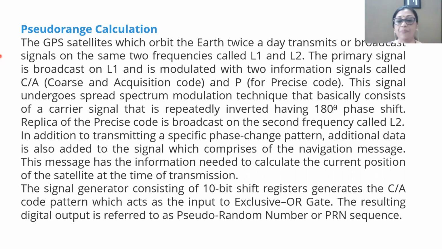The resulting digital output that we get out of such a system is called a pseudo random number or PRN. Now this PRN sequence will be transmitted in the pseudo range calculation.